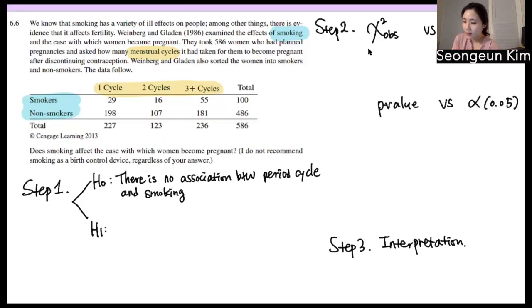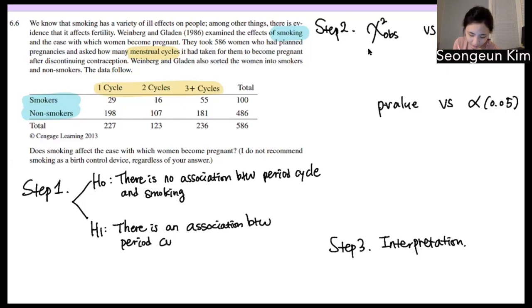That is, smoking and period cycles are completely independent. My alternative hypothesis is that there is an association between the two variables, which are period cycle and smoking.